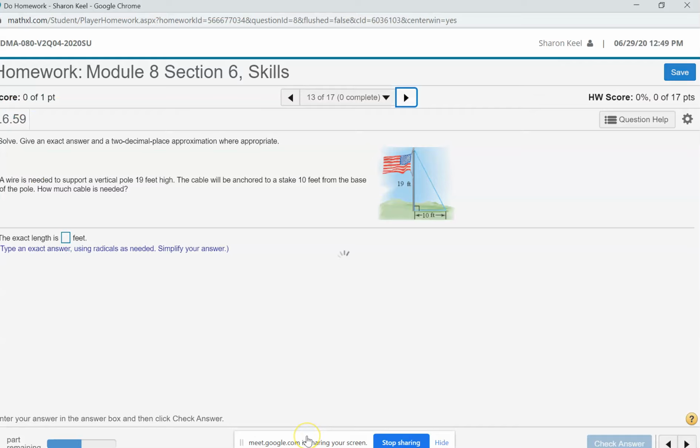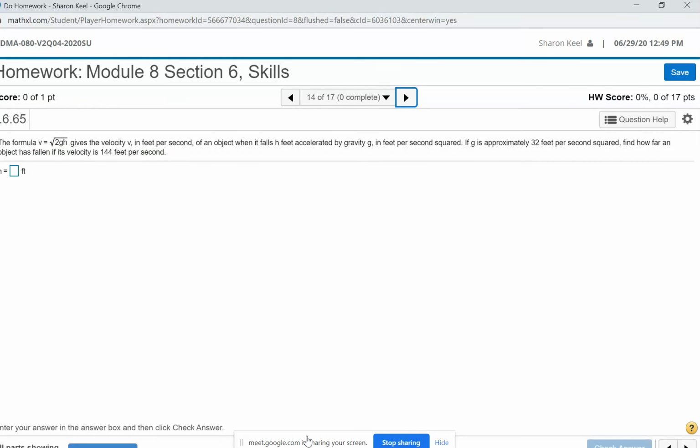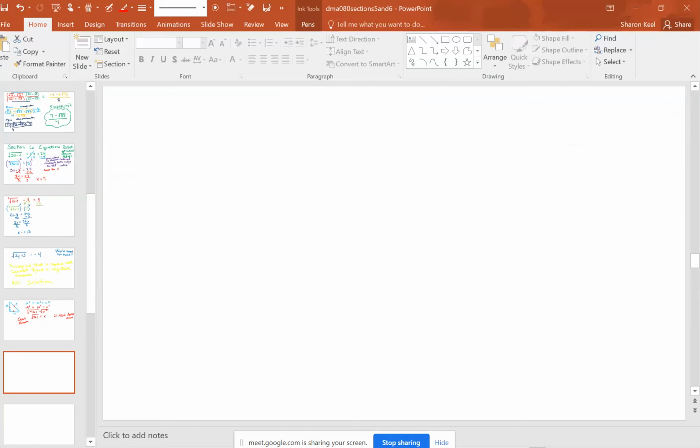Okay, this is one I know that's on the test. The formula is S equals 2 square root of I minus 9. Let me just double check, make sure I wrote it correctly. Okay.